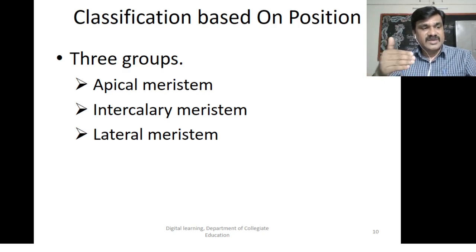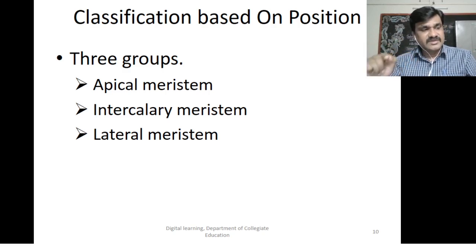So these tip cells are responsible for the growth of the plant body. The number of apical cells varies from species to species.